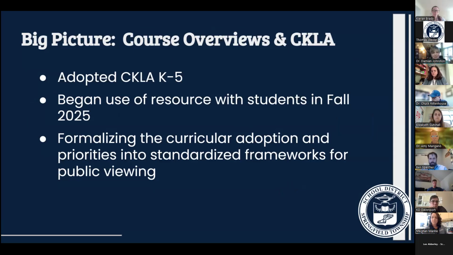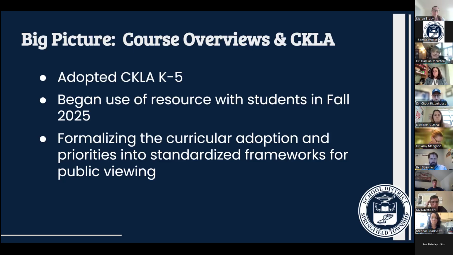When we adopt curriculum, and it's going to come up again a little bit later in the meeting around algebra and geometry, we start usually with an overview of the course and what we're trying to achieve, and then adopt a resource to align to that course. But when you're adopting English language arts in an elementary program, so much of the resource drives how the program, the expression of the curriculum, is the resource in many of the measurable ways that families and our public could see.